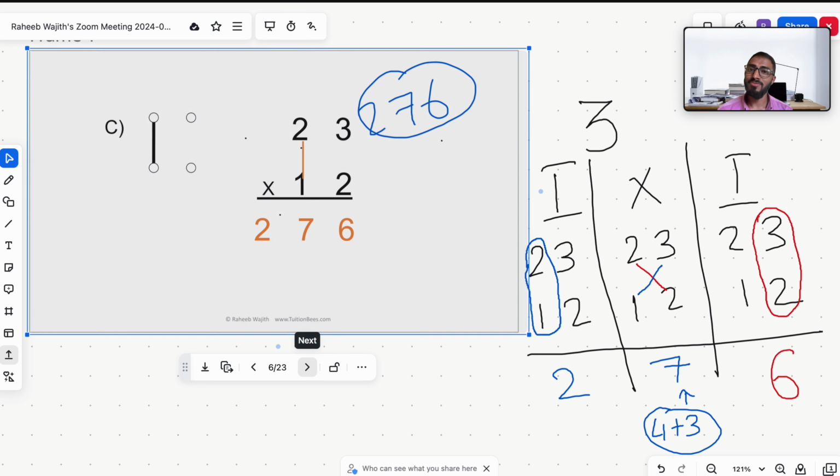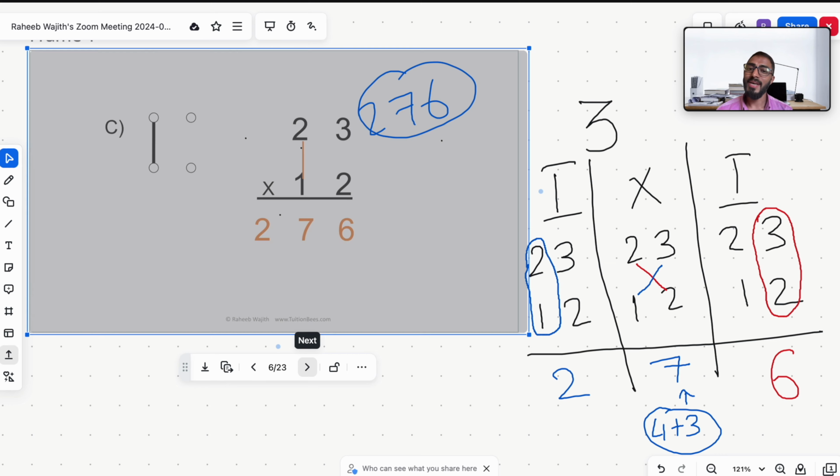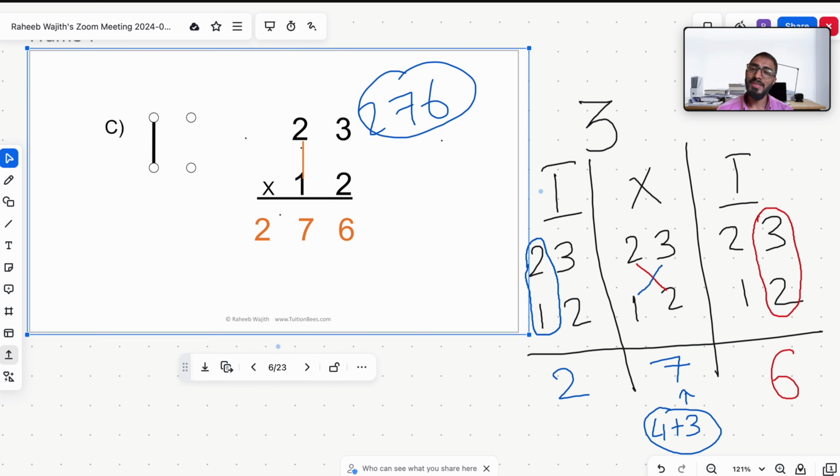Now the second step is to cross multiply these two numbers. 2 2s are 4. 4 plus 3 is 7. It's already written here. And the last step is to vertically multiply. 2 1s are 2.